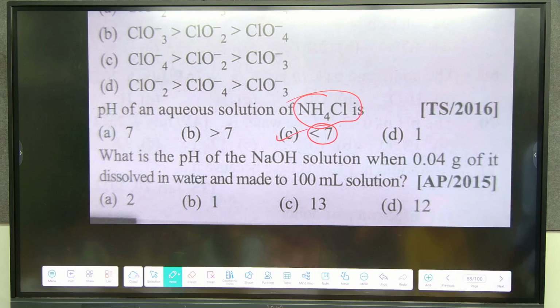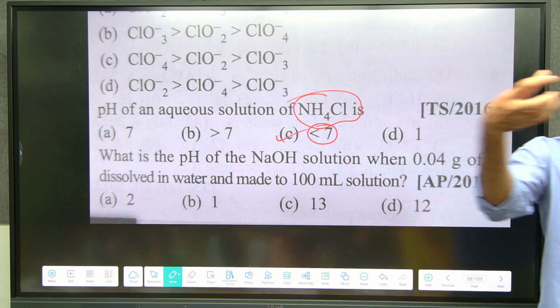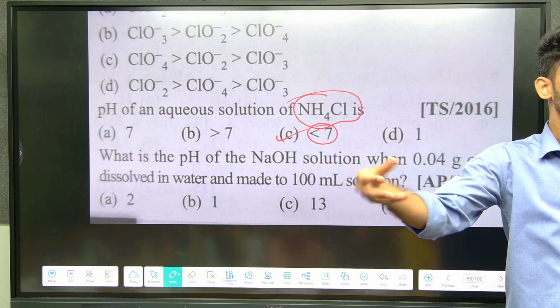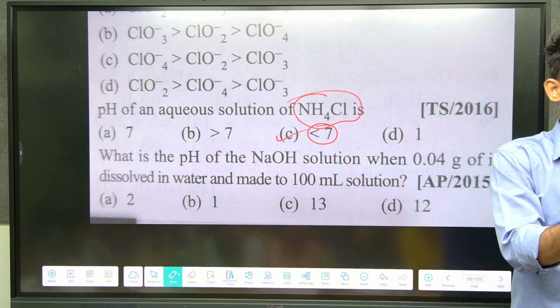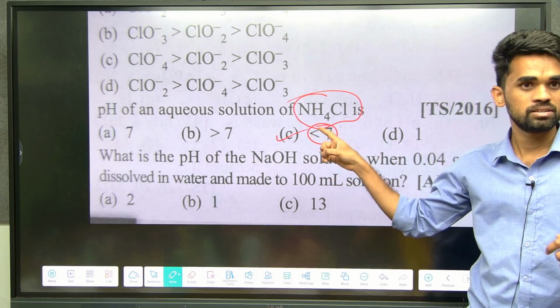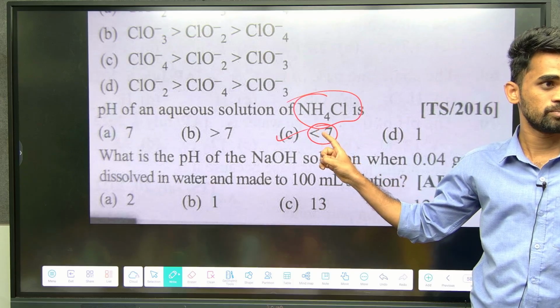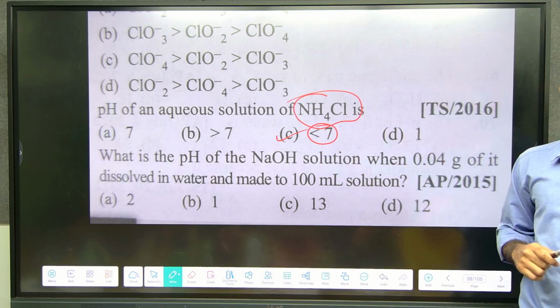We cannot say exact value now. We can say it might be less than 7. It is acidic or not? Acidic means less than 7. This is perfect one. Okay, is this clear everyone?